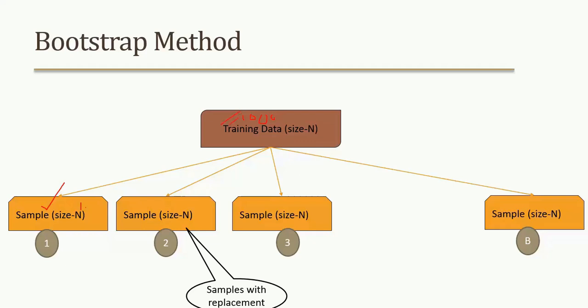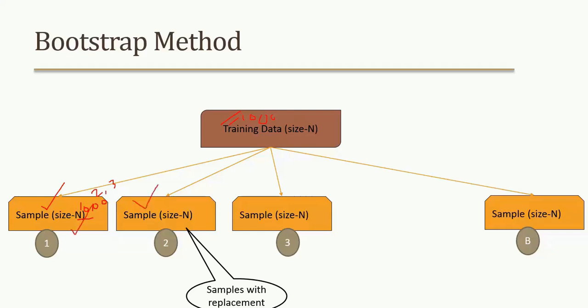Again we take one point and do that 1000 times. That means we take a sample of 1000, but not 1000 at a time, we take one at a time. So in these 1000 observations, there can be some observations which are repeated twice or thrice. There can be some observations which are never picked. Now that is bootstrap sample 1.